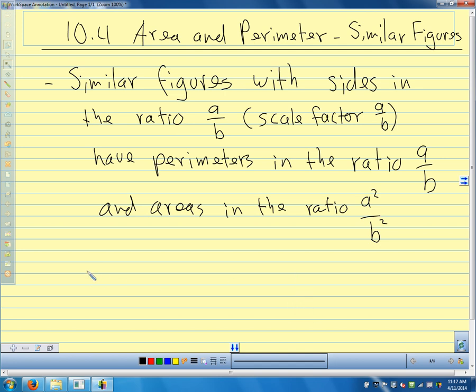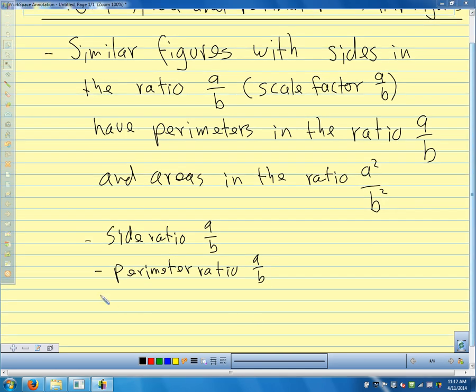So what this is telling us is, and I'm just going to write it in a little shortcut here: side ratio is A over B, perimeter ratio A over B, and area ratio A squared over B squared.